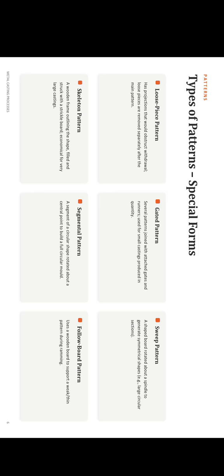Sweep pattern: a shaped board rotates about a spindle and generates a cylindrical shape, for example a large circular section. Skeleton pattern: a wooden frame outlining the shape, filled and struck with a strickle board, economical for very large castings.